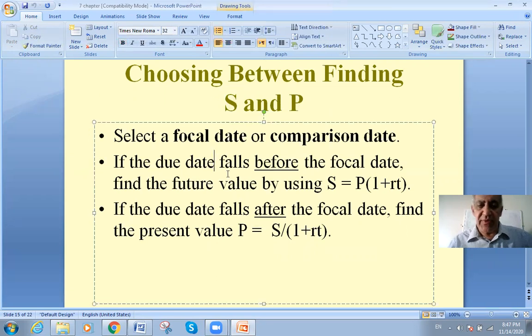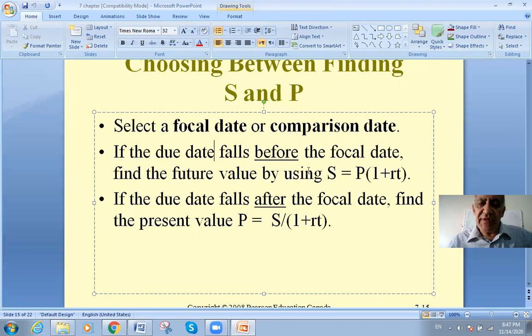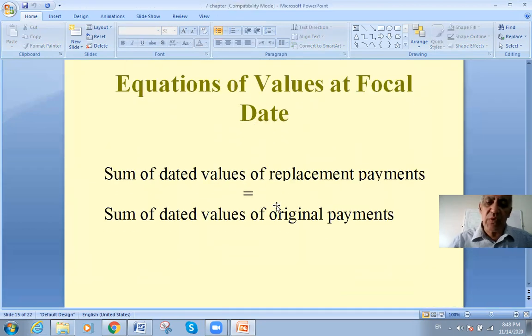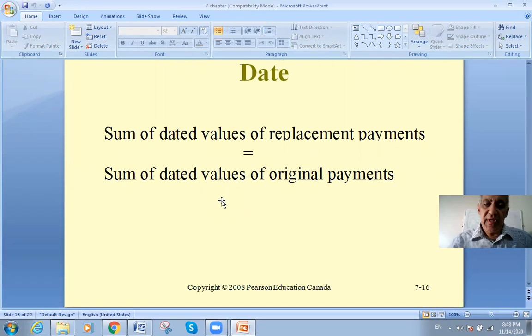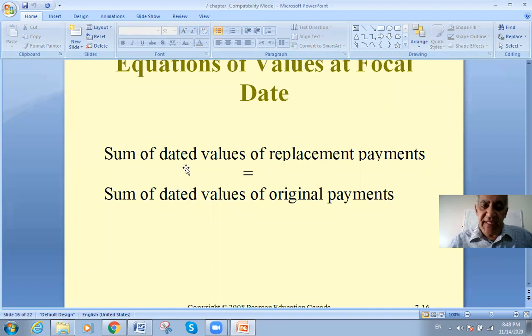So this is why I will use P for the present value and S for the future value. We have here something called the focal date. What is the focal date and how will we work on it? The base is the sum of the dated values of replacement payments. The replacement payment means I have two or three payments or whatever, and I want to adjust them to pay them all on a certain day, to resettle my situation.